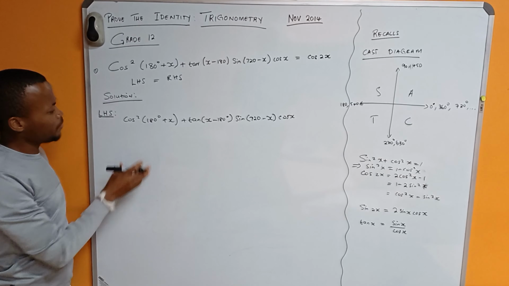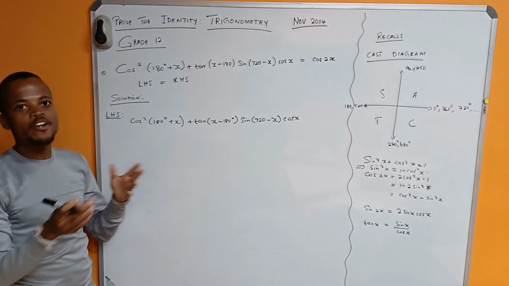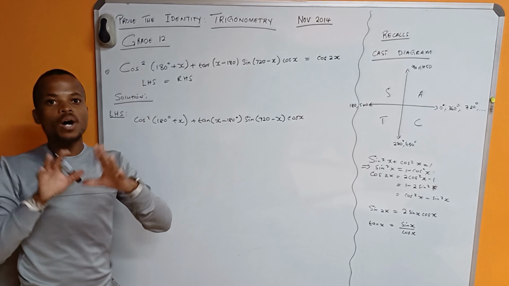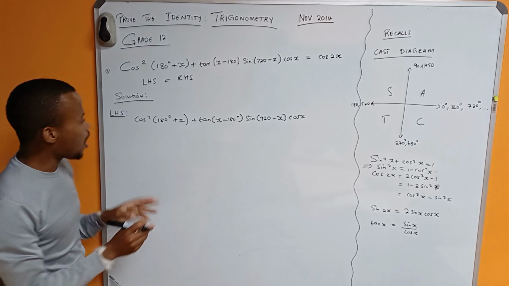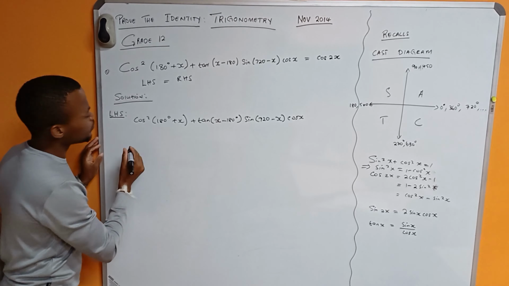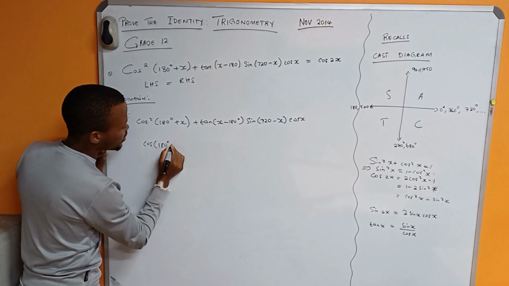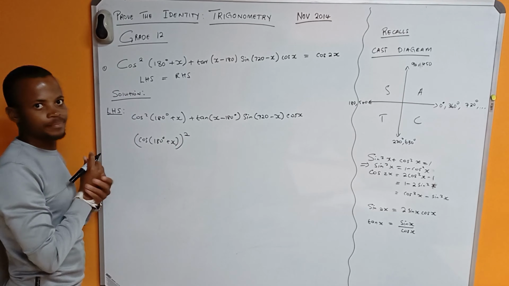Here cos squared (180 + x) is something that you are not familiar with, so you are trying by all means to make something that you are unfamiliar with into something that you will be familiar with. How can we rewrite this? By saying cos(180 degrees + x), then you square it.